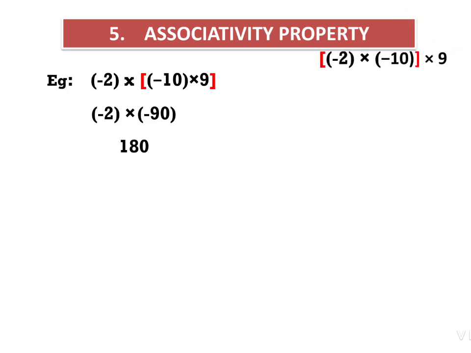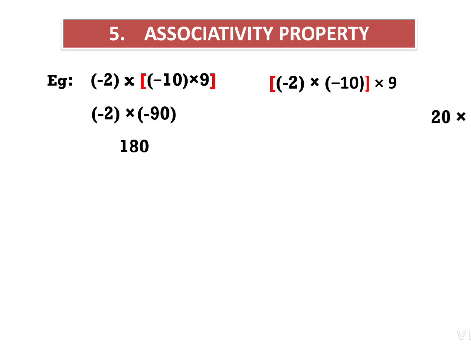Another method. Consider this one: minus 2 into minus 10 into 9. Here we group the first two numbers, then 9 is outside. As usual, we multiply within the bracket. 2 into 10 is 20.